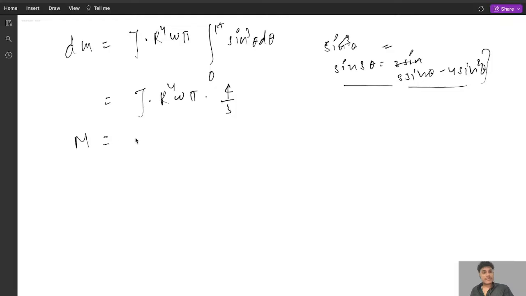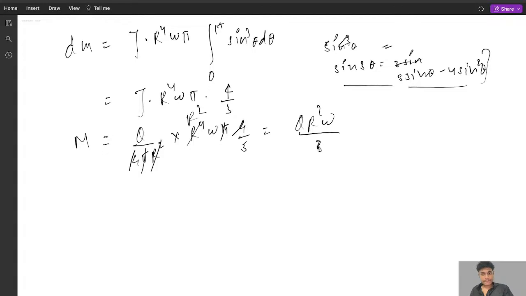From here we get m, that is magnetic moment, is equal to q by 4 pi capital R square into r raised to power 4 omega pi into 4 by 3. So 4 cancels out, pi cancels out, and r square cancels out, that becomes r square. From here we get q r square omega upon 3.